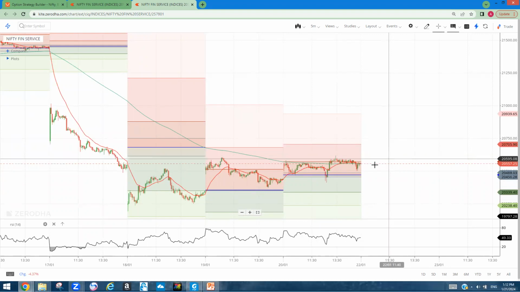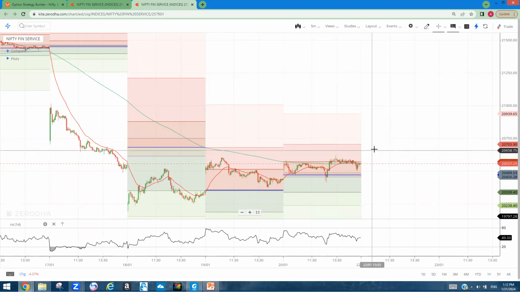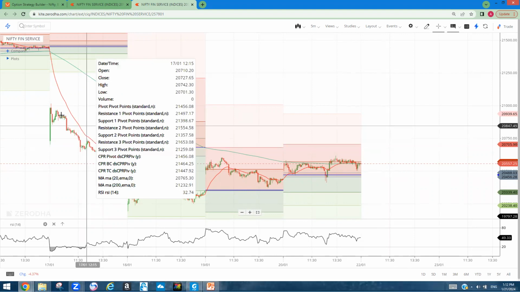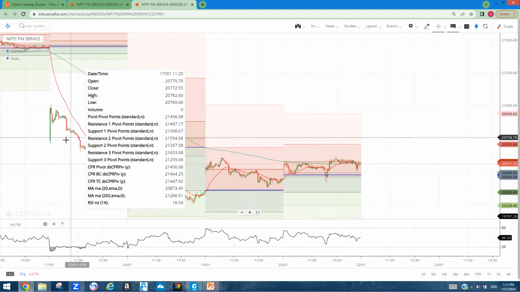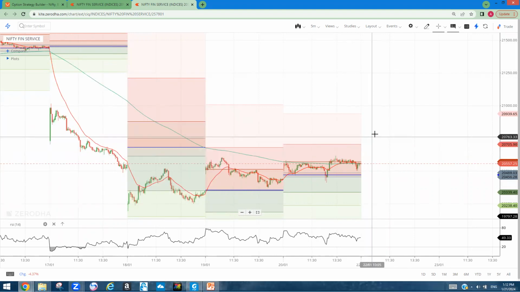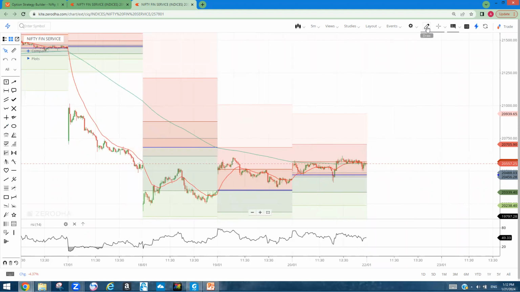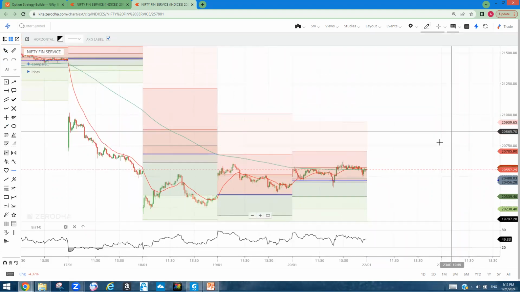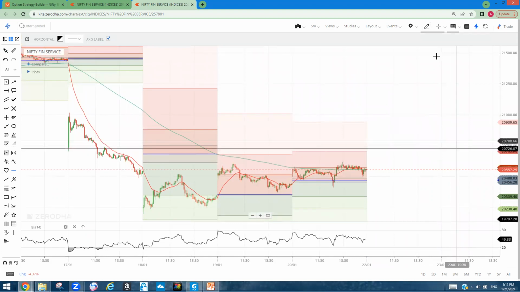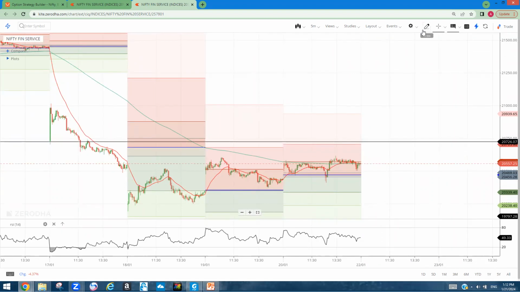If the market opens gap up from here and goes here, see there's a big green candle. After that the market fell down, so this green candle's bottom is another good level where there is a resistance, because this is a swing. So if the market gaps up and touches here, around 11 we will see.